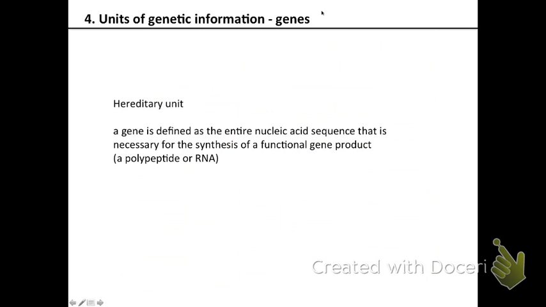All right. So the information is organized roughly, in very general terms, into genes. So a gene is defined as the entire nucleic acid sequence that is necessary for the synthesis of a functional gene product. The gene product could be a protein. It could be a non-coding RNA that works as a functional product. Okay.